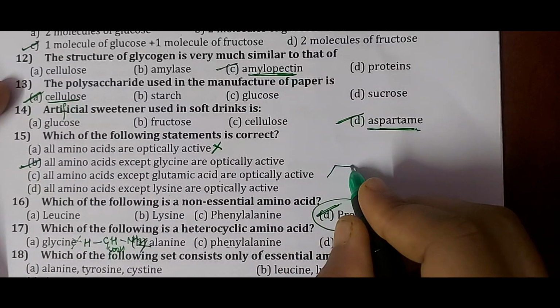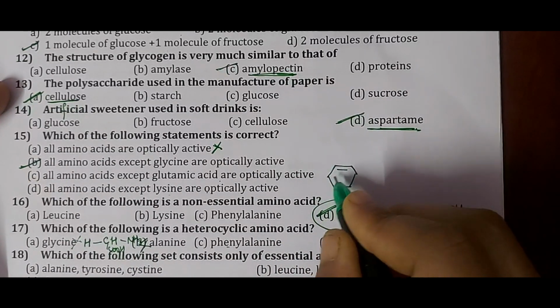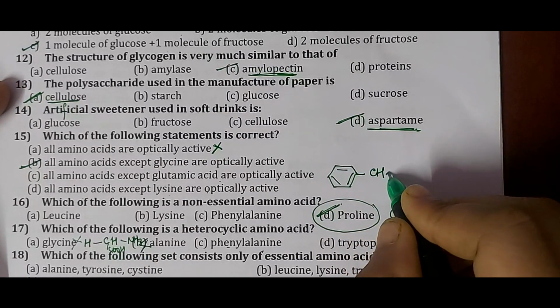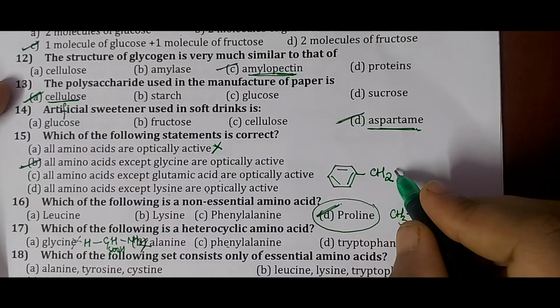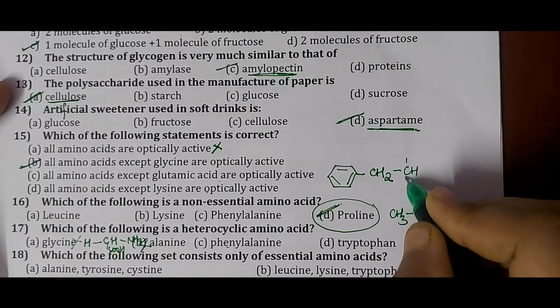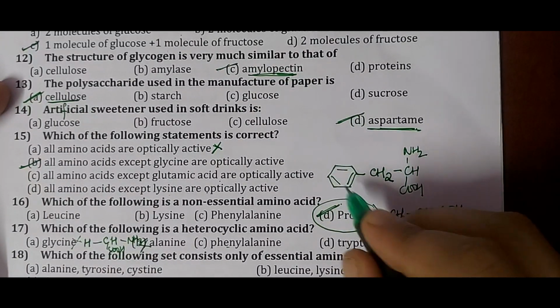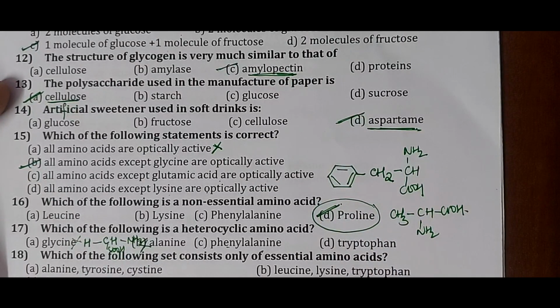Phenylalanine, if we consider, has a phenyl ring bonded to CH2, which is bonded to CH, NH2, COOH. This is also not a heterocyclic amino acid.